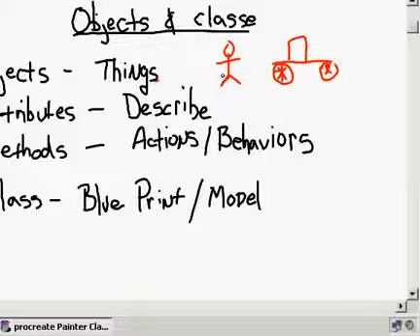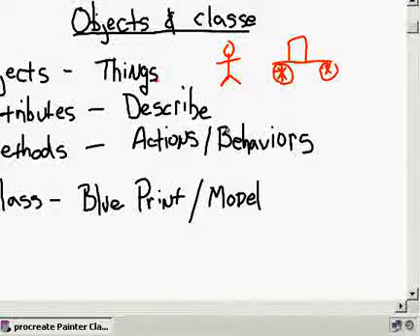So now, things have properties. They have ways of describing them that help to start making them unique. We call those attributes. An employee might have an employee identification. It might have a name, an employee ID, a start date, an end date, a salary, reports to.